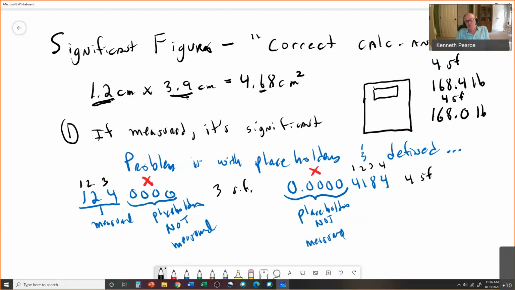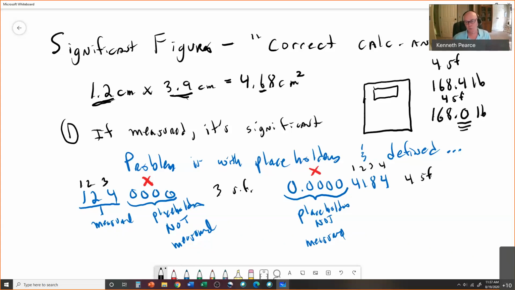Now here's the skill, and this is where sig figs comes in. We have to be able to look at a number and decide how many significant figures it has. The first rule is if it's measured, it's significant, even if you end up with zeros like on the scale. If you measured the zero, it's significant. Now the problem comes in if you don't know anything else, but you do have zeros.